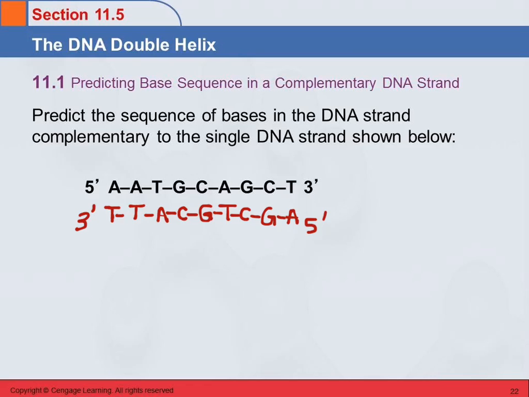Now if you wanted to take this strand and write it in the more normal form, doing 5' end to 3' end, you would just mentally turn it around and reverse the sequence, right? So it would be A, G, C, T, G, C, A, T, T, and this is the 3' end.